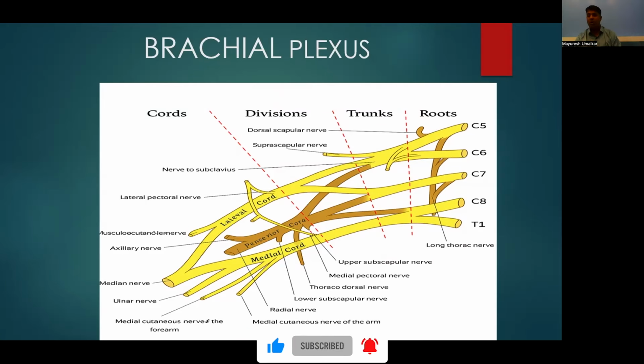Superior trunk block is given where C5 and C6 join, before the suprascapular nerve comes out. At that level, we have to give the superior trunk block. A supraclavicular or subclavian perivascular block we give at the level of trunks and divisions. Infraclavicular block or costoclavicular block we give at the level of cords.